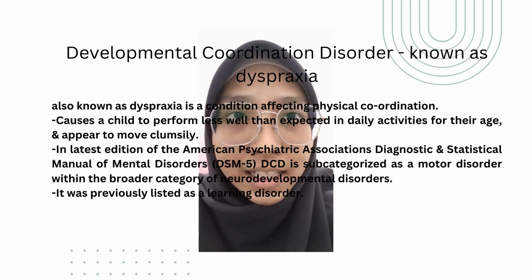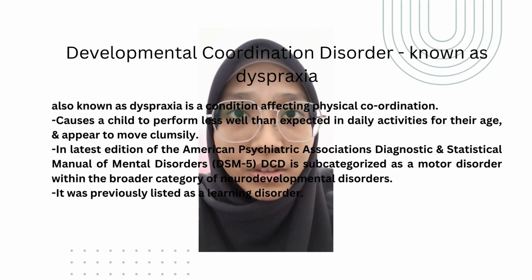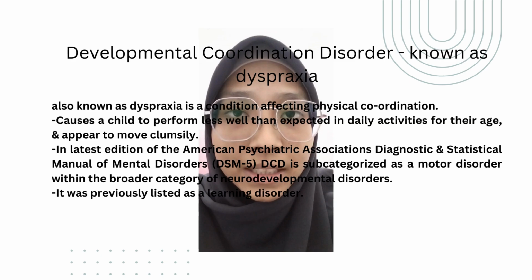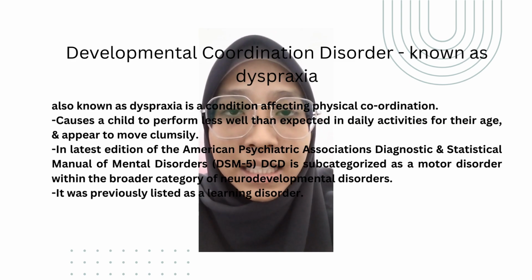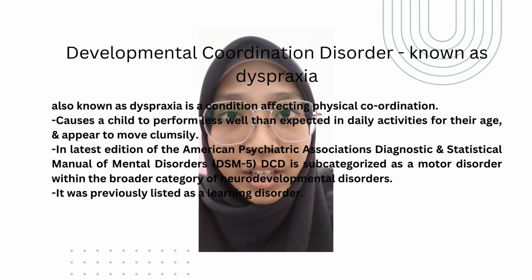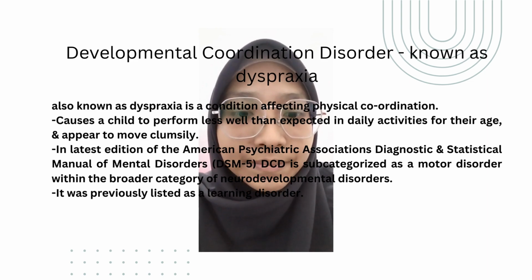In the latest edition of the American Psychiatric Association's Diagnostic and Statistical Manual of Mental Disorders (DSM-5), Developmental Coordination Disorder is subcategorized as a motor disorder within the broader category of neurodevelopmental disorder. It was previously listed as a learning disorder.